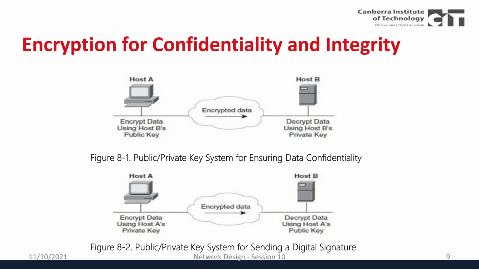Integrity comes down to making sure your traffic hasn't been modified from point A to point B. Okay? And what is the technology that does integrity? It's hashing. So whenever you think about confidentiality, immediately think about encryption. And whenever you think about integrity, immediately think about hashing.